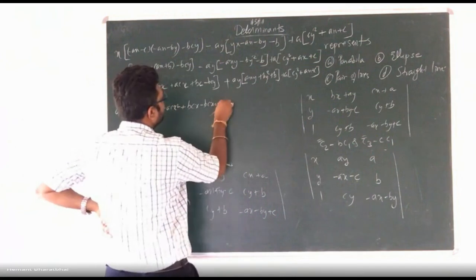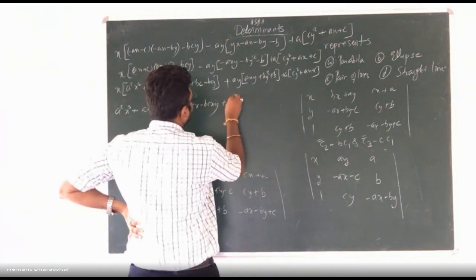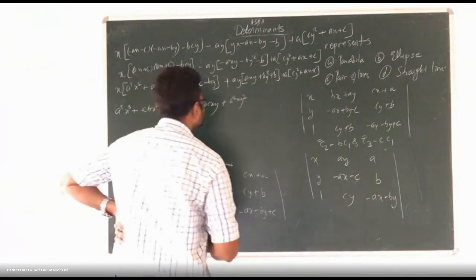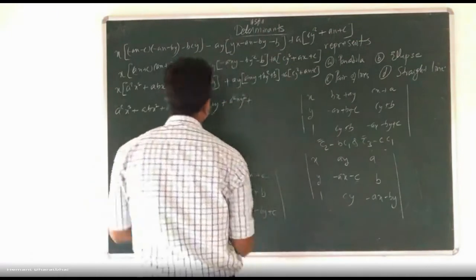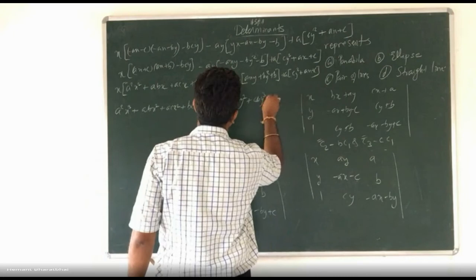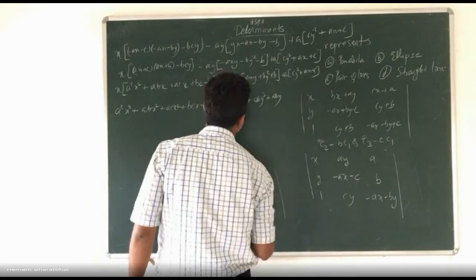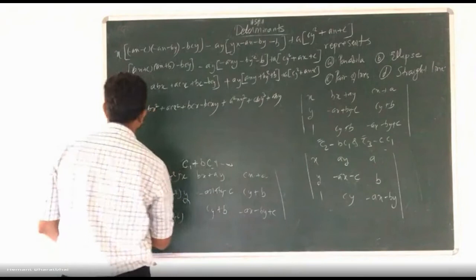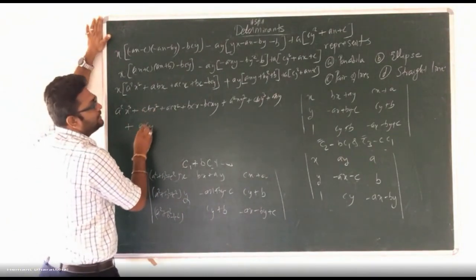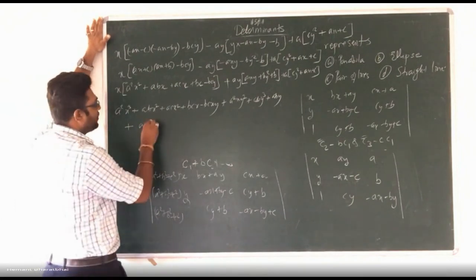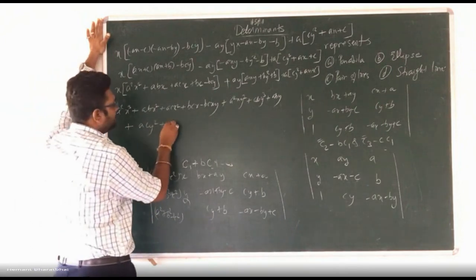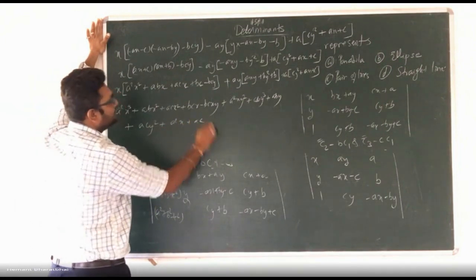Now if I multiply this ay inside, I'll get a square xy square plus aby cube plus aby plus acy square plus a square x plus ac.